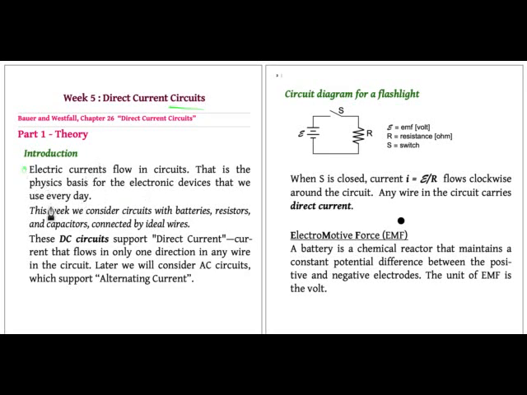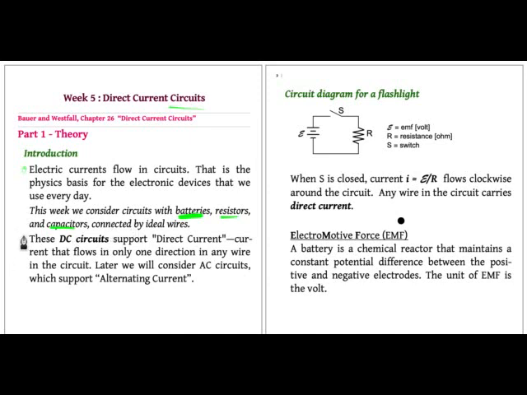Now, when I say direct current circuits, what I mean is we'll consider circuits with batteries and resistors and capacitors. And these circuit elements are connected by ideal wires. When I say ideal, what I mean is the wires will be assumed to have negligible resistance.